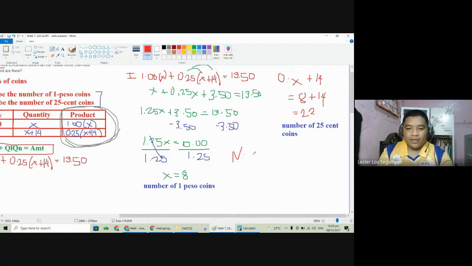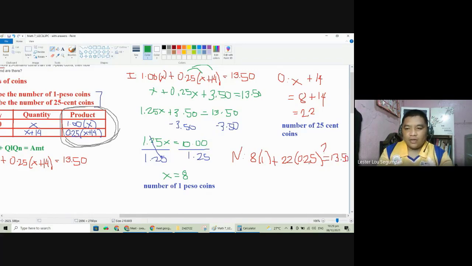So you will have 8 pieces of 1 peso coins, plus 22 pieces of 0.25 or 25 centavo coins. Anyway, it's commutative. This must be the same as 13.5 as the total.